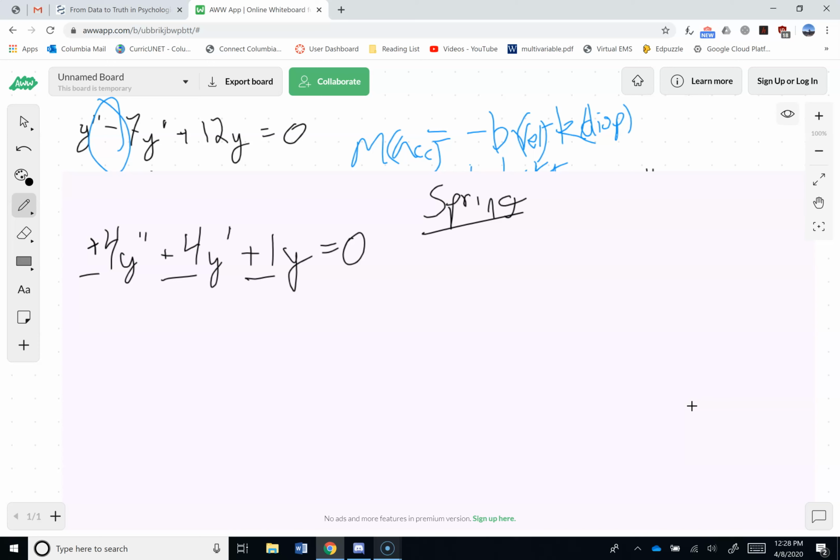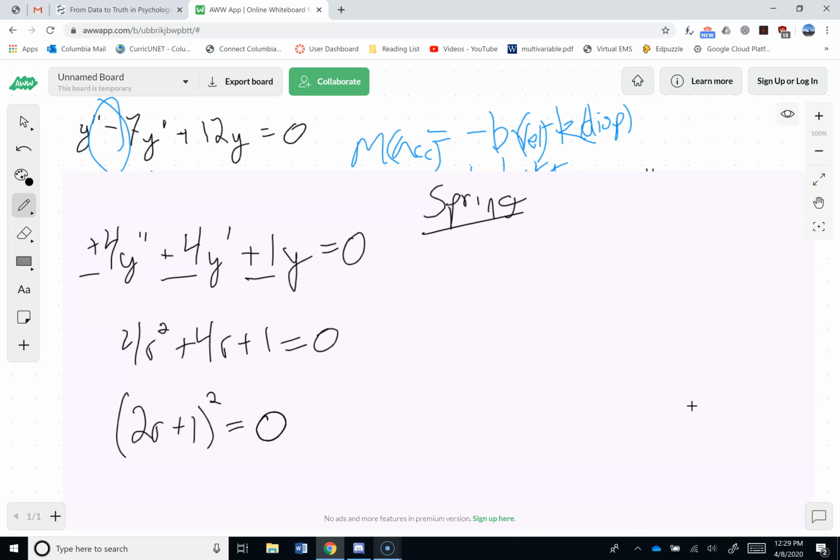And so then I start thinking about, okay, so I have 4r squared plus 4r plus 1, and then I suppose equals 0. And then that, I think, factors into (2r plus 1) squared equals 0.